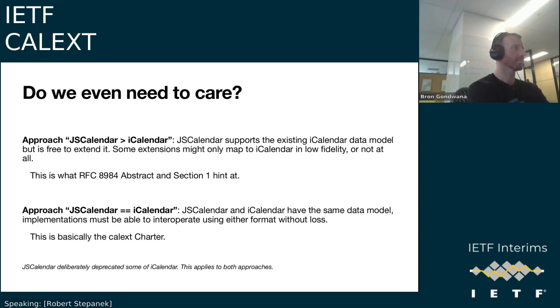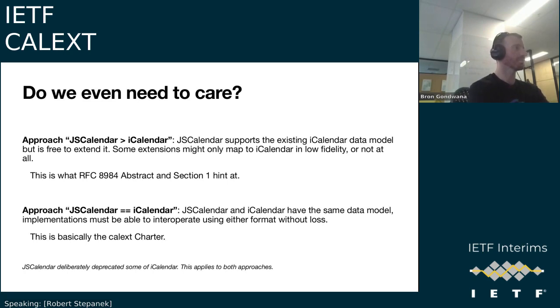And now something that I always had the feeling was lurking underneath the discussion when we were discussing specific scheduling properties in the last months, but never really addressed, and I think we should do this in this meeting, is: do we actually need to care? And I think there are two different opinions or approaches to this.